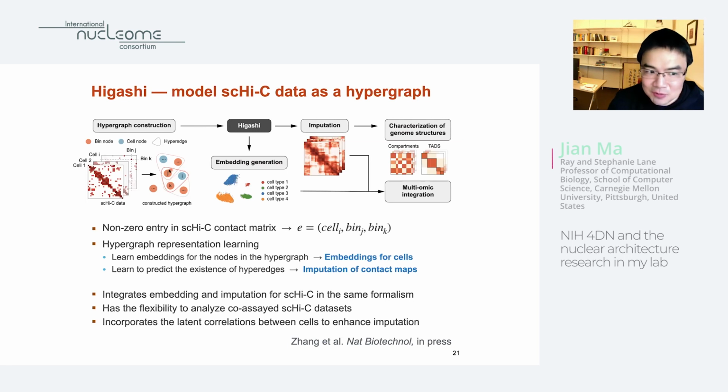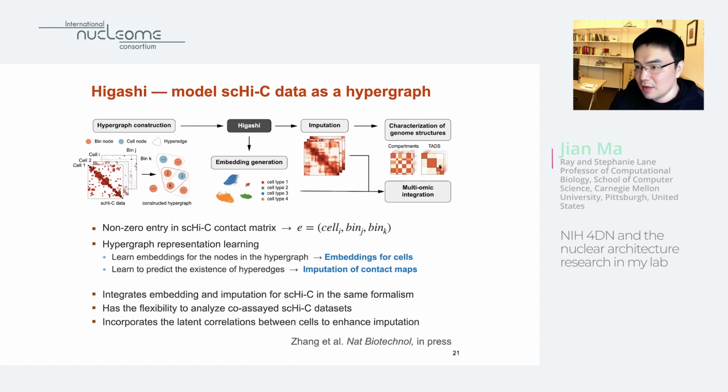Essentially, you want to predict the probability of a hyperedge given the information of these individual nodes. This is similar to the examples I gave you before. Once we have this, we can also generate the embedding of the cell, and you can produce cell type embeddings. You can analyze complex tissues based upon their 3D genome features. From imputation, you can derive features like compartments and TADs.